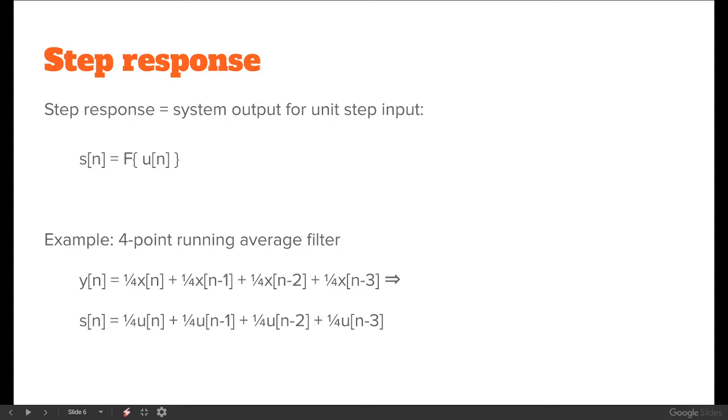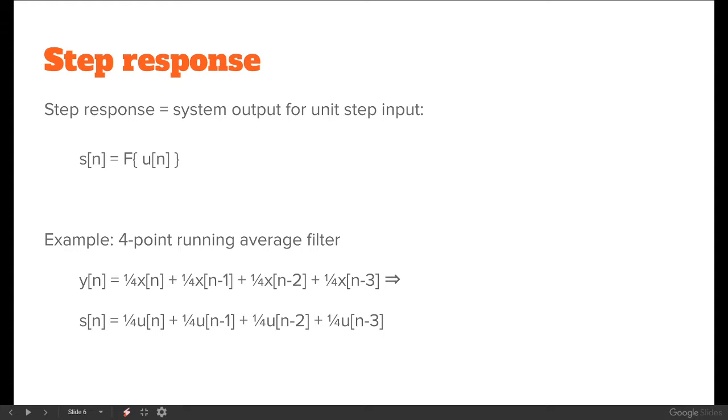Another response is a time-based response, like the step response: the system output for a unit step input. The definition, again, is that you put a unit step function in, and what comes out is the step response. Nothing more to it.